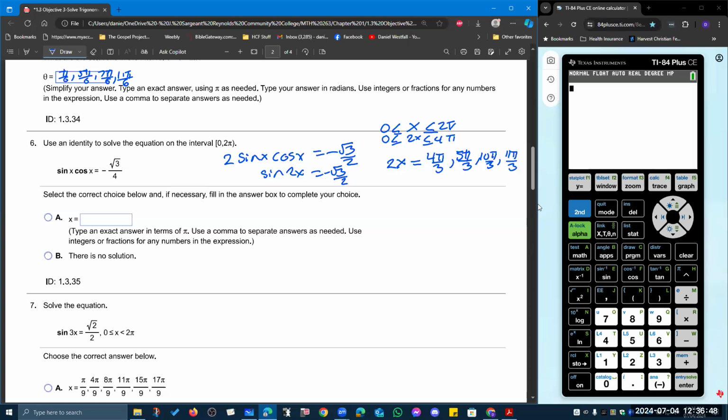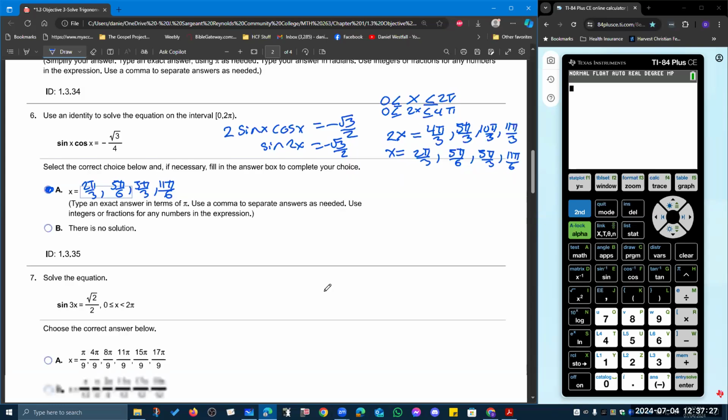So that means that x is going to be equal to 2 pi over 3, 5 pi over 6, 5 pi over 3, and 11 pi over 6 when I divide by 2 or multiply by 1/2 with all of those answers. There we go.